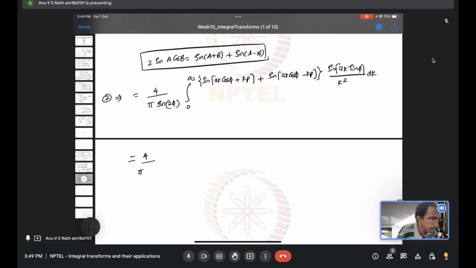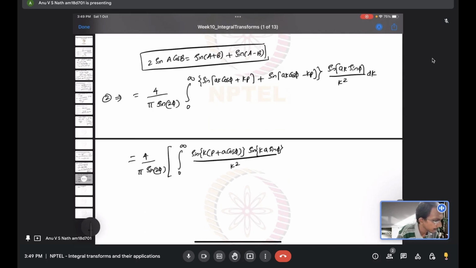So 4 by pi sine 2 phi, first integral is 0 to infinity sine of k times p plus a cos phi, times sine of k times a sine phi, by k square dk.